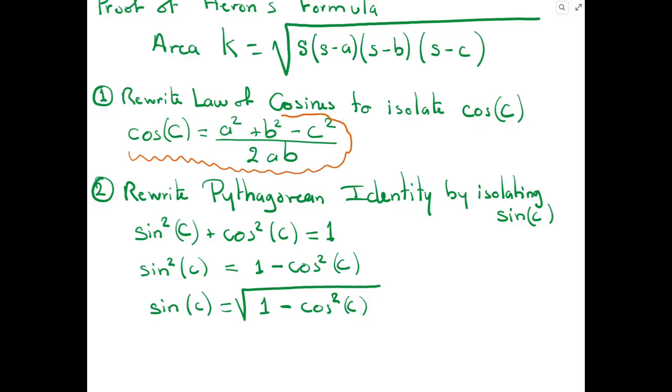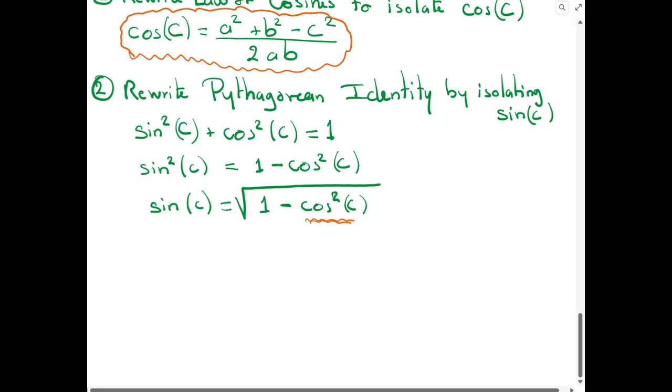I rewrote my law of cosines to have a cosine isolated, and I have a cosine right here. Granted, it's squared, but I have my cosine right there. So I'm going to rewrite that cosine using a squared plus b squared minus c squared all over 2ab. Okay, so this is what I will use.